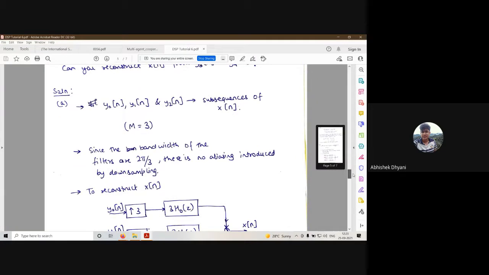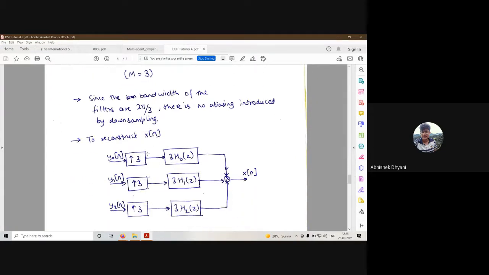Now we can reconstruct x of n in the same manner as we did for the impulse response. We pass these signals through the upsamplers with L equal to the downsampling factor, and then pass them through these three filters. These filters have an amplitude scaling of 3, introduced because after the downsampler the magnitude of the frequency spectrum becomes 1 by 3.